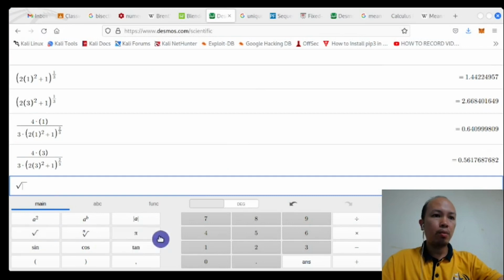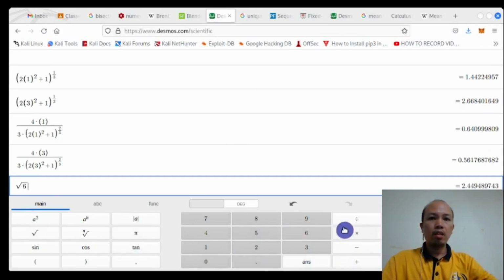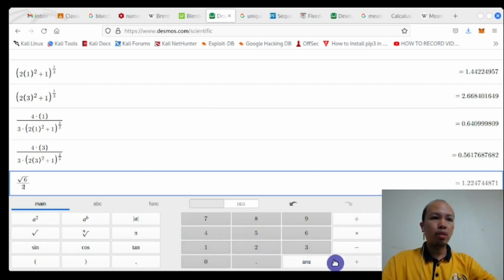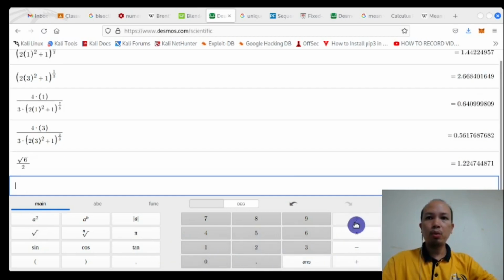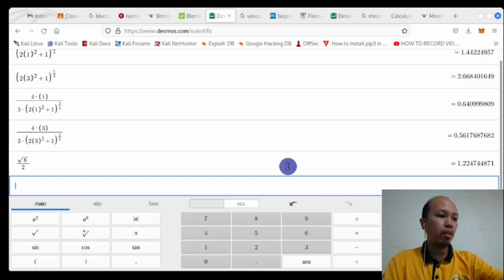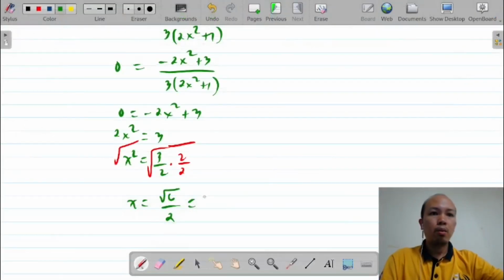Square root of 6 divided by 2, so we have 1.2247. Okay, 1.2247 44871.